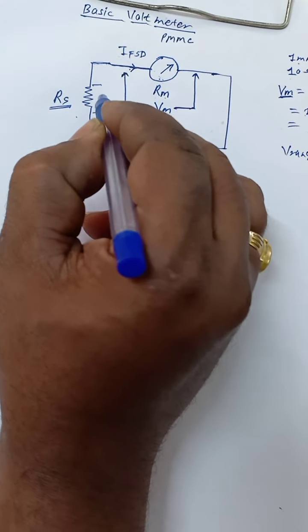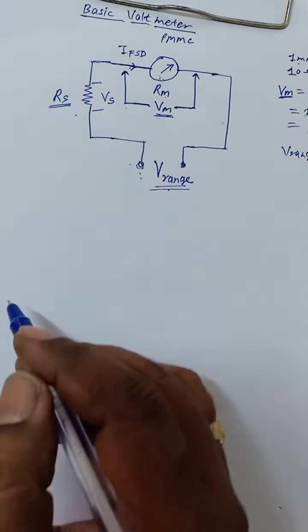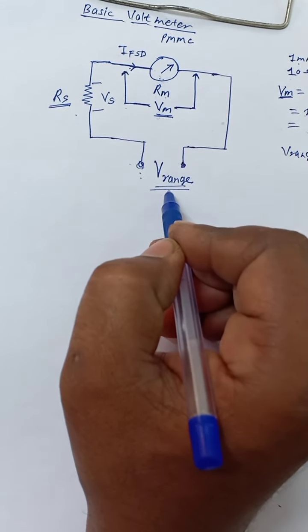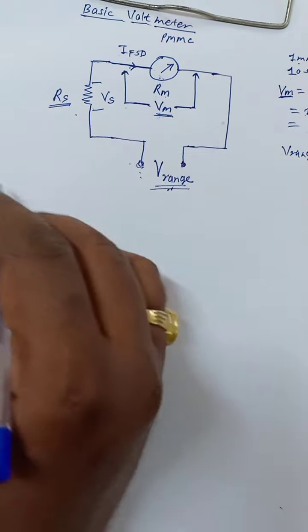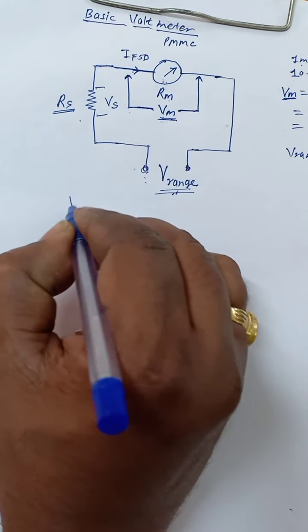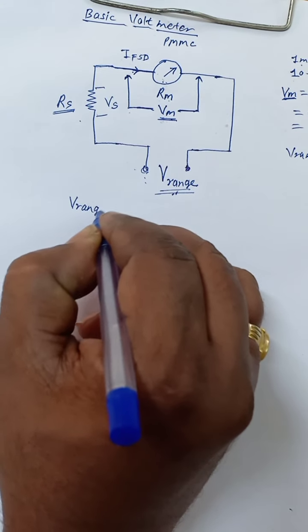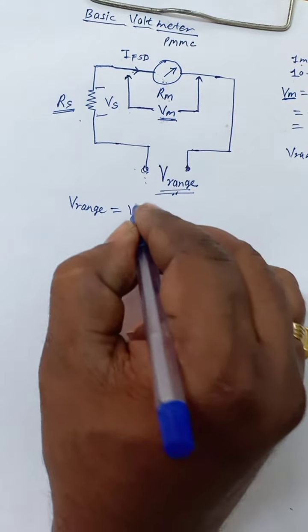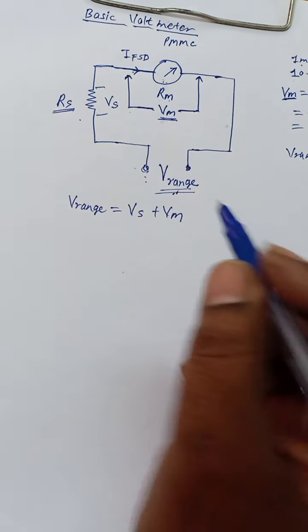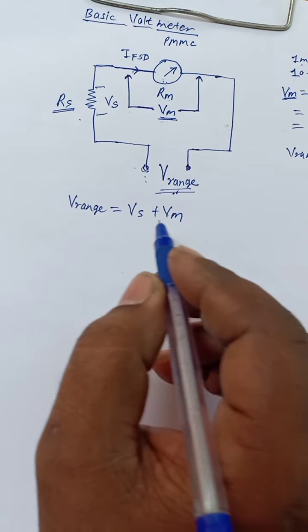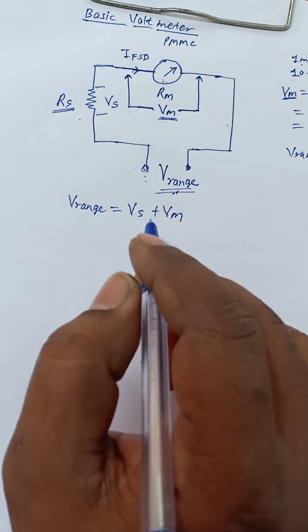So here we name this as Vs. This is the applied voltage, and from this voltage these two voltages are generated. So we can write V range equal to Vs plus Vm.